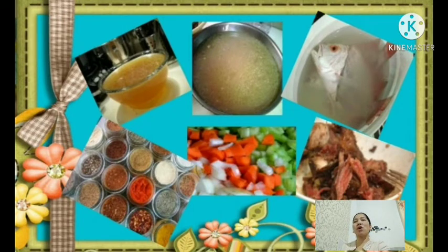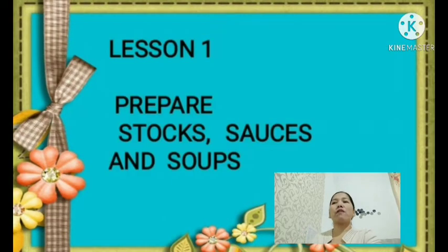Makikita ninyo, mayroong isda, mayroong karne, mayroong gulay, at mayroon ding mga seasoning and spice. Okay, kung makikita ninyo yung dalawang sabaw, how will you compare the color? So the color, the other one is brown, and the other one is white. Very good.